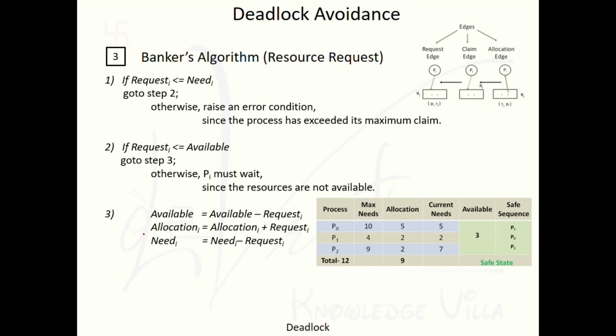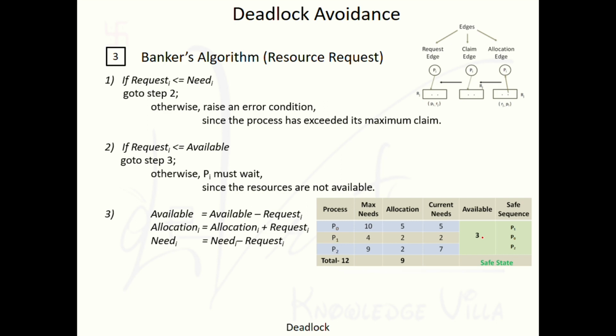Now let's see what is in step number 3, that is available equals available minus request i. Available is the total resources; as we know, a total of 3 resources are available. So what will be the next available? Available minus request. For example, consider process P1. Suppose P1 requests 2 resources.